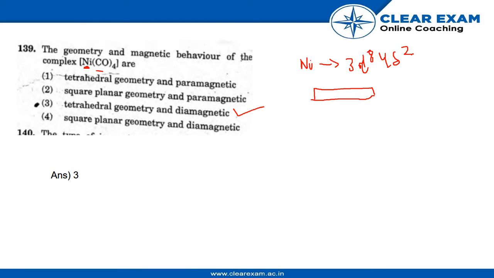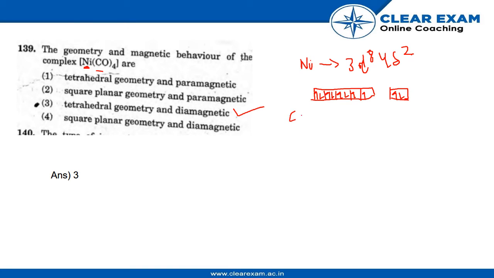If we make the electron pairs, d has 5 orbitals: 1, 2, 3, 4 and 5. And s has only one orbital, so it is filled. For d, it's 1, 2, 3, 4, 5, 6, 7 and 8.